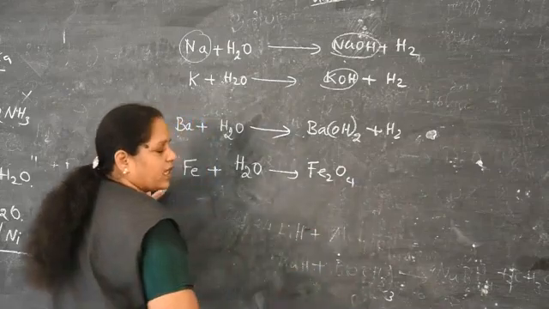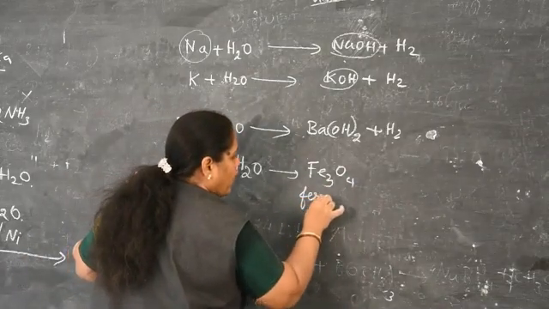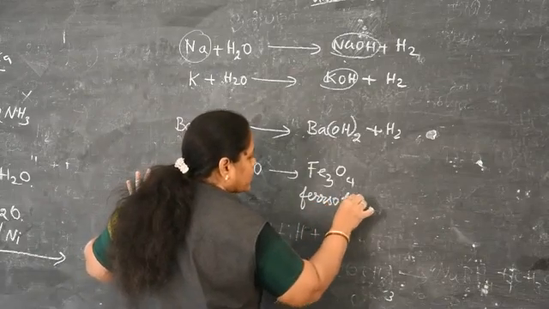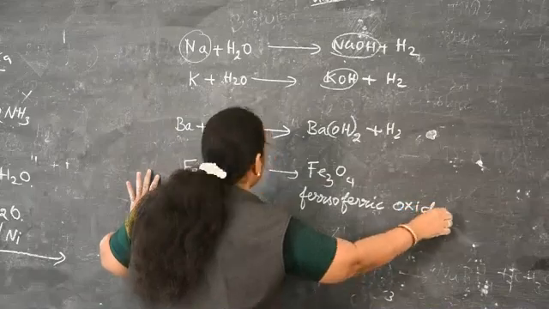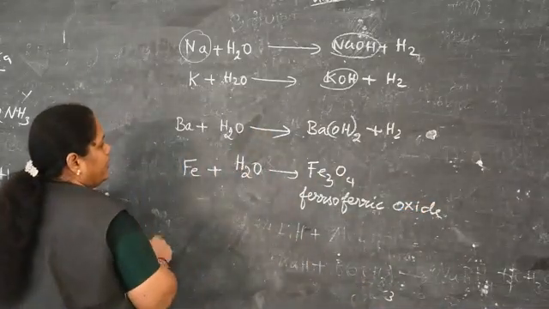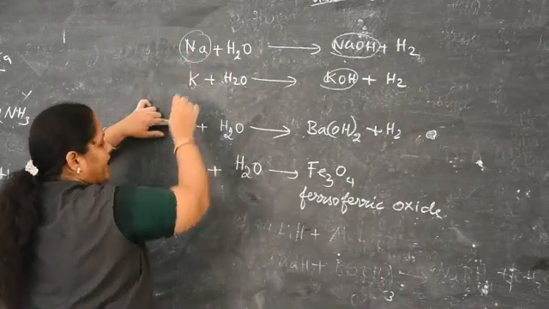What is the name of this compound, Fe3O4? The name of this compound is ferric oxide. Iron is a transition element. These are alkaline earth metals; sodium and potassium are alkali metals.